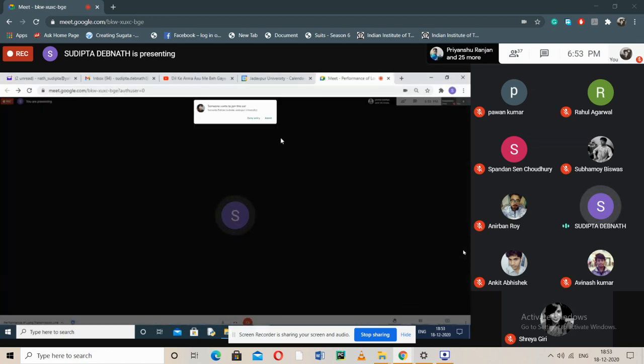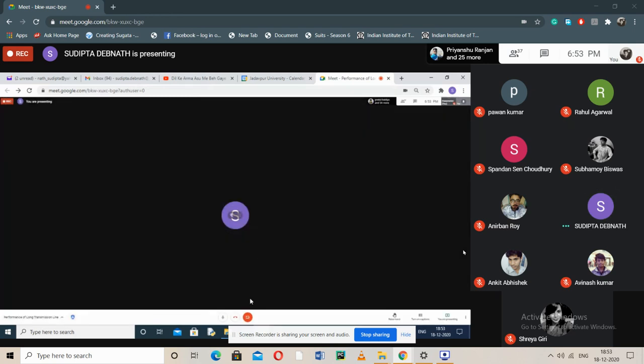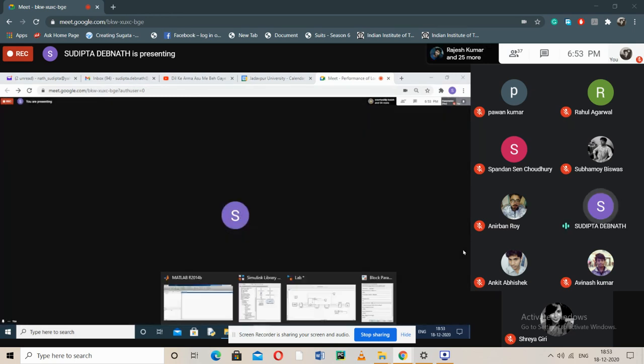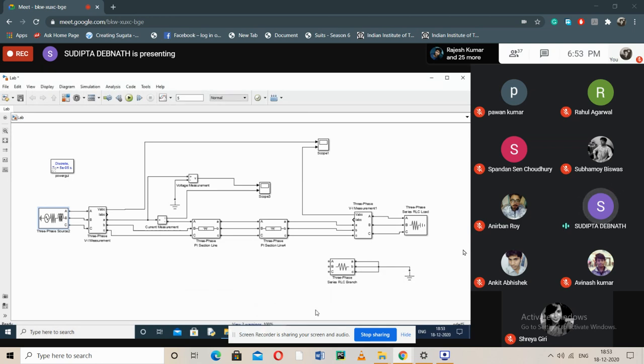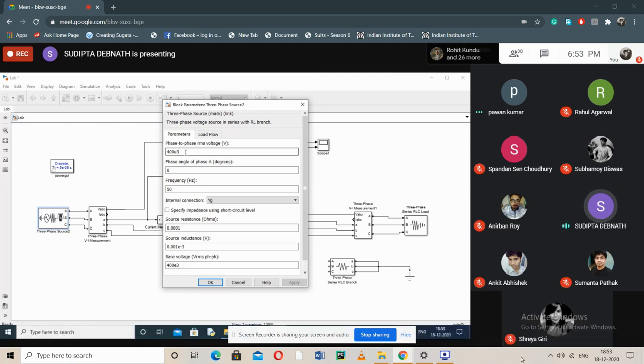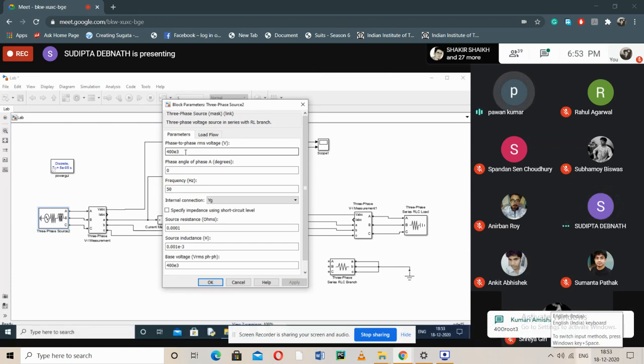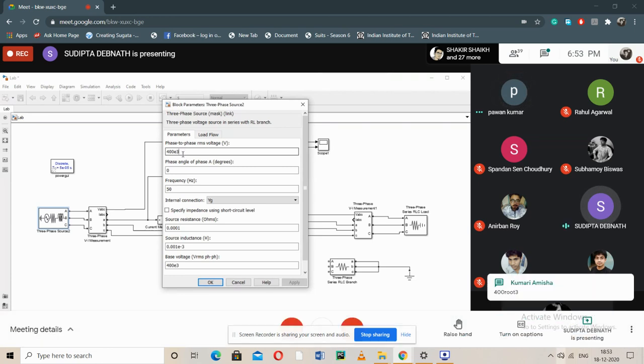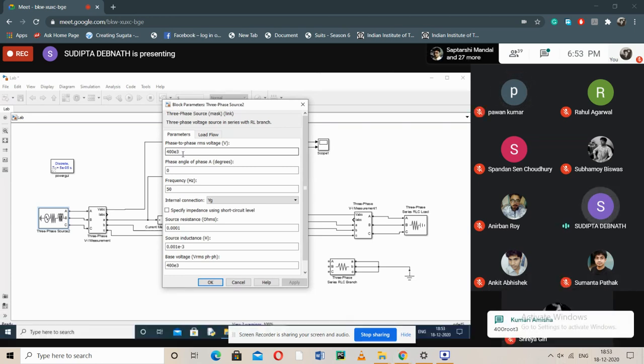Tell me, if the line voltage is 400 kV in a star connected system, what is the phase voltage? 230.94 kV. 400 by root 3, isn't it? So the phase to neutral voltage is 400 by root 3.